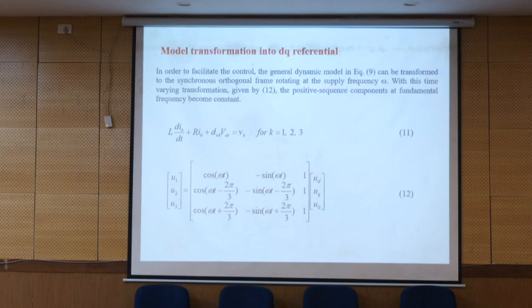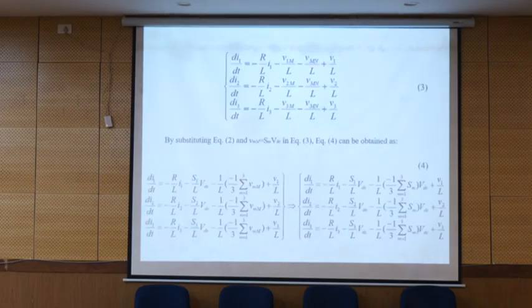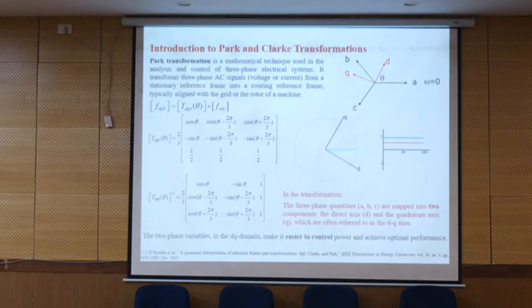So for this case, we get back to the Park transformation system. We discussed this, and we see that we can use this matrix for the DQ or for the reverse one.